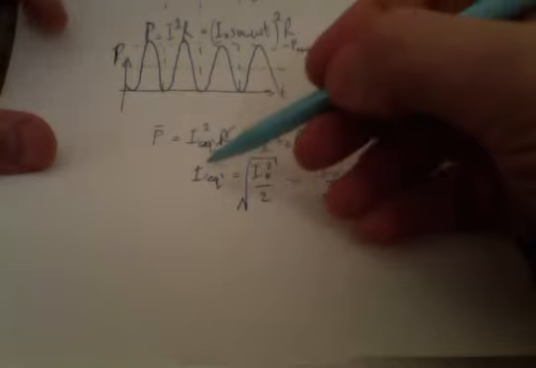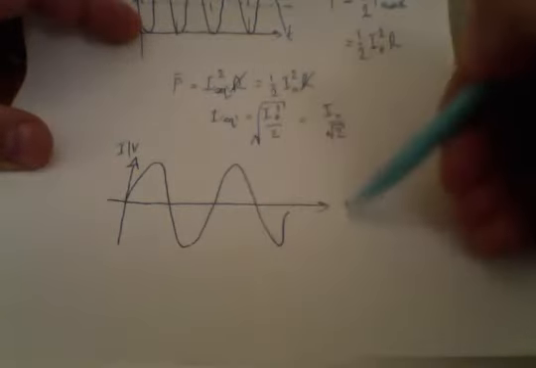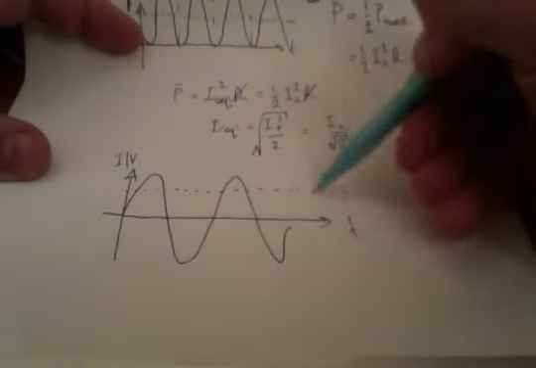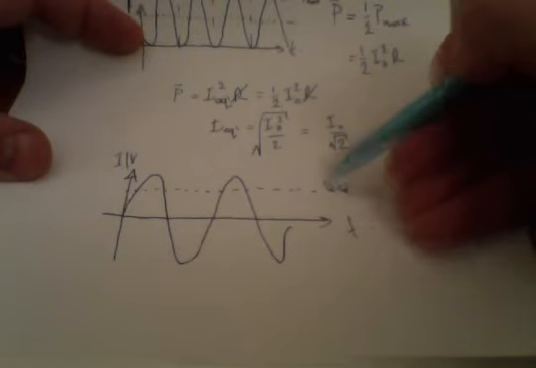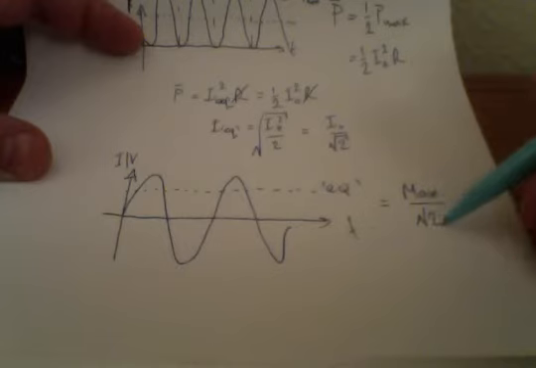So the equivalence of, I'm going to draw this again, whether this is current or voltage, I have this up and down, time. The equivalent value, just call it EQ, capitalized, is going to be my maximum value divided by root 2.